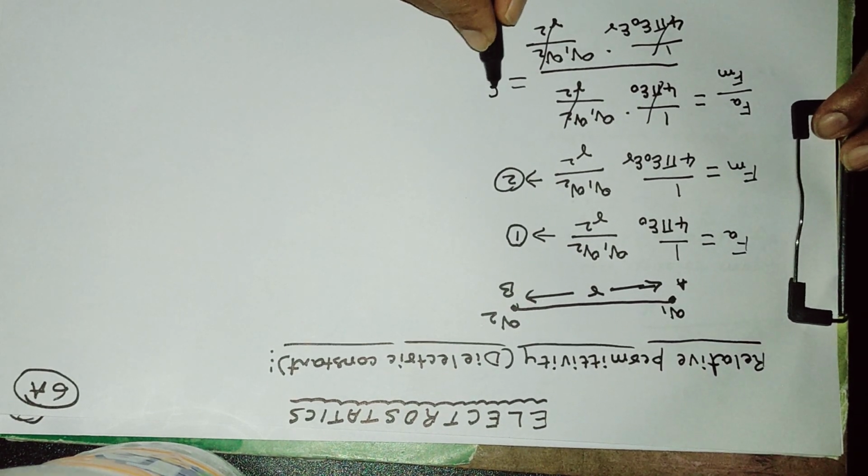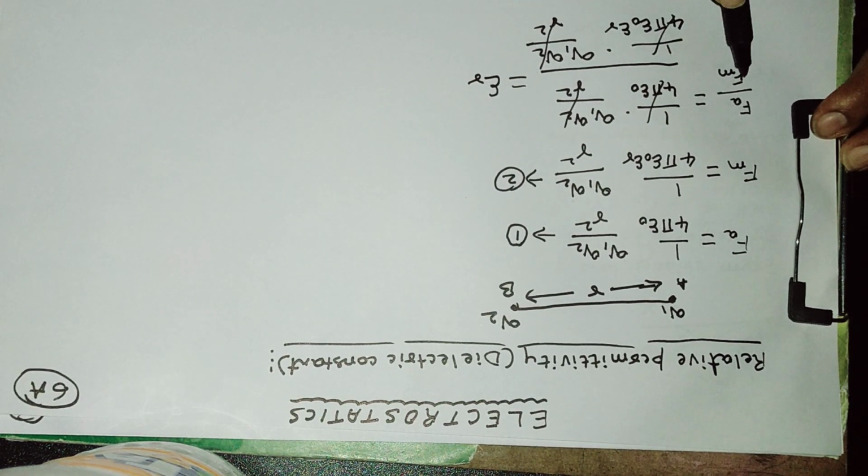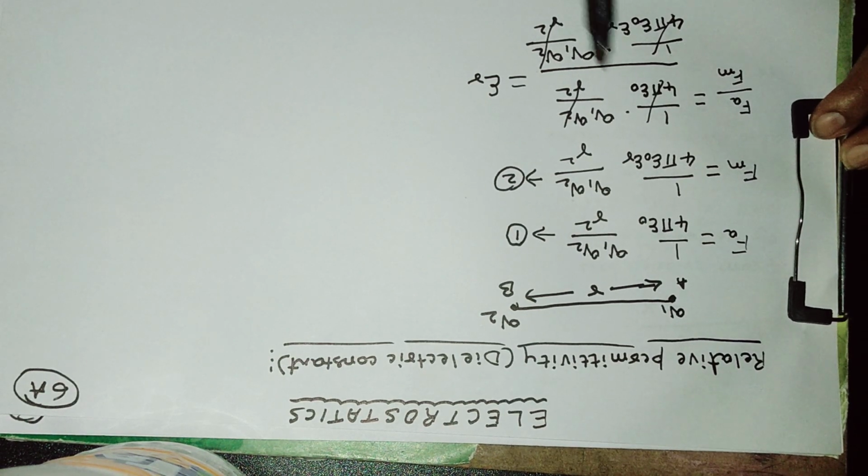So when you consider the ratio of the force between the two charges in air to the force between the same two charges at the same distance apart in the given medium, you are left with epsilon r. That is what is called relative permittivity or dielectric constant.